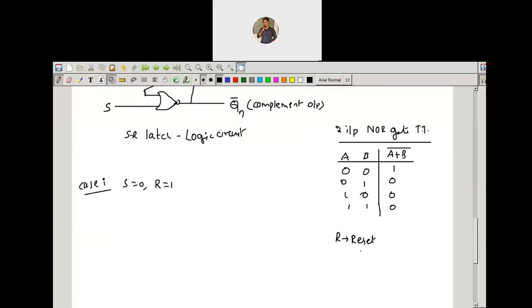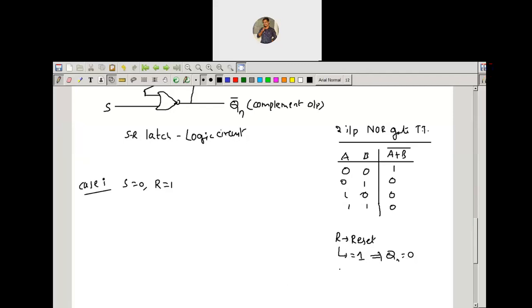It means if you give the R value as 1, then you will get output Qn as 0. That is, you are going to reset the output. If you want to reset the output, you have to make R equal to 1. That is the meaning of the reset input.